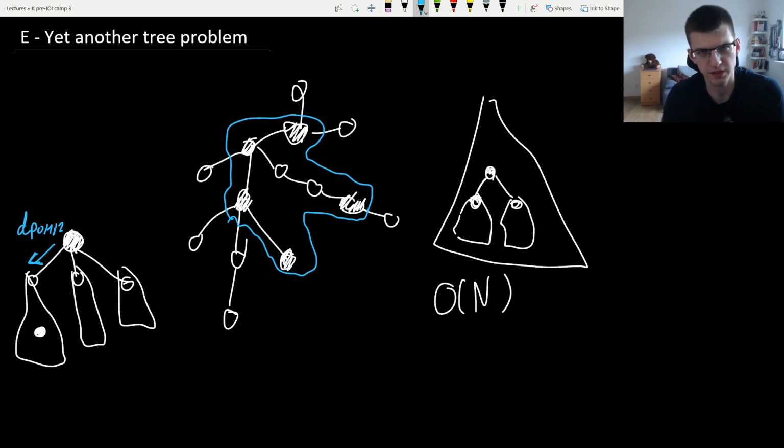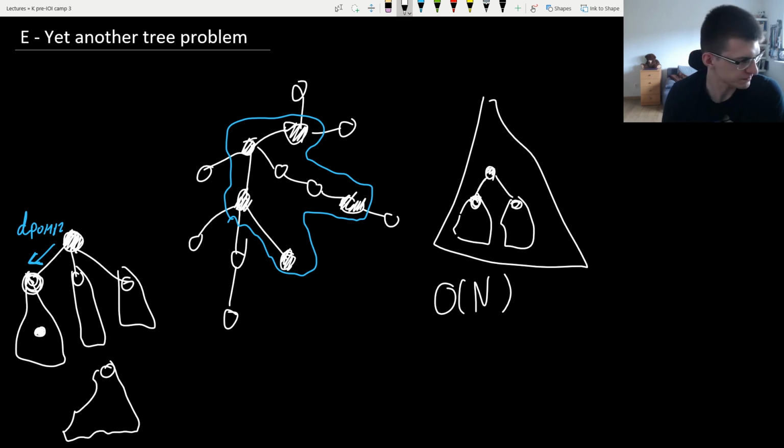DP of 1 means the best path down that has 1 marked vertex. This should be doable because if I have that subtree of the child, so this is the child that I will focus on, it has some subtree, then the fact that something happens with this vertex changes paths that finish in the subtree of this vertex.